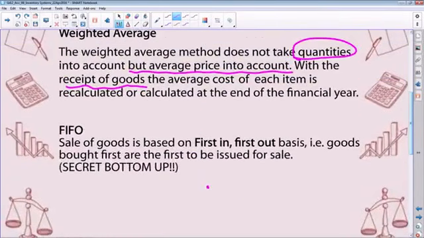We refer to it as the FIFO method. The sale of goods is based on a first in, first out basis, right? That is, your goods that are bought first are the goods first to be issued for sale. And yes, you know, Ashraf always has his tricks about him.